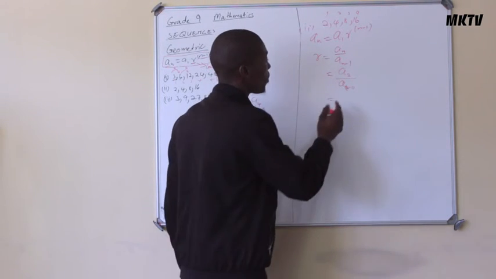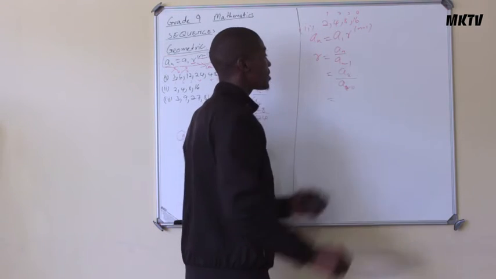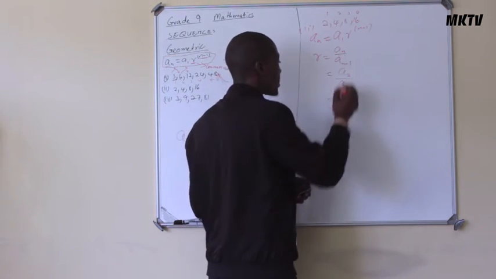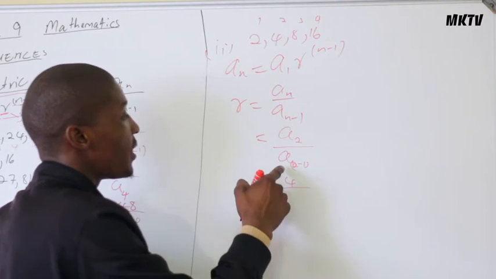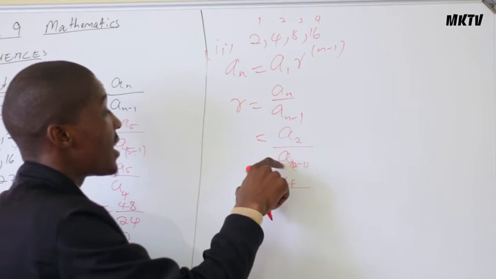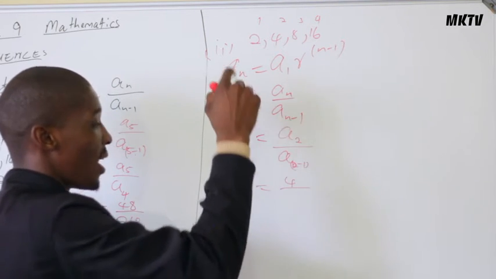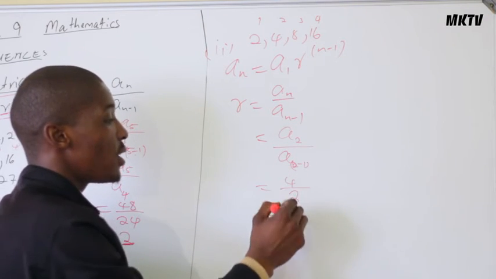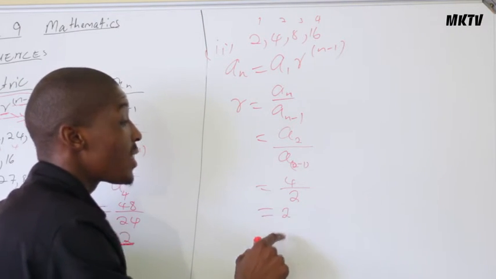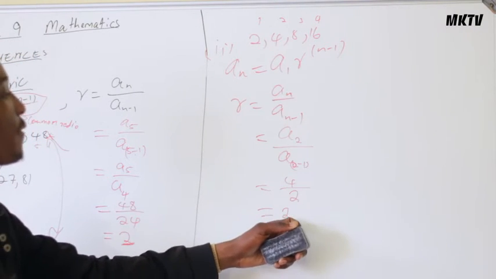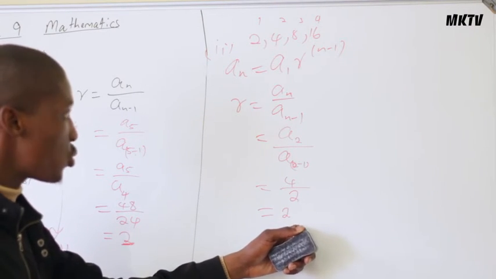Going to our sequence, we see that at position 2, term number 2 is 4. Then we have 2 minus 1, which gives 1, that is term number 1, and term number 1 is 2 from the sequence. Then 4 divided by 2 is 2. That says for us to generate this sequence, we have the common ratio being 2.